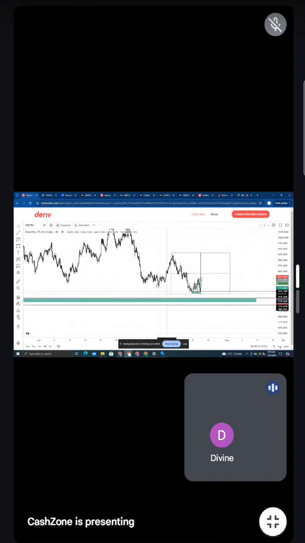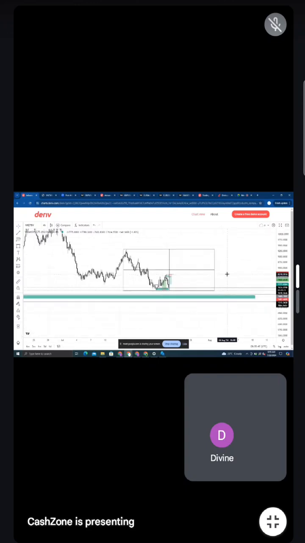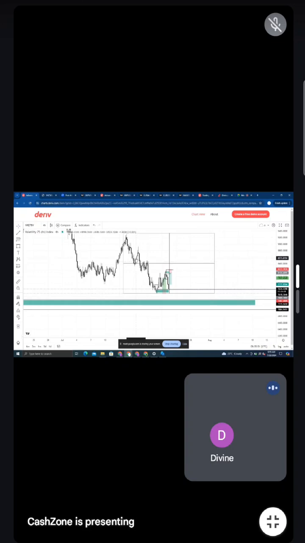So you can see, I don't know if I can still take this trade, but let me see. I see a break of structure here from the 4 hour time frame.